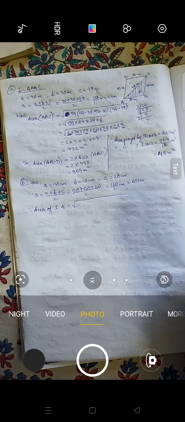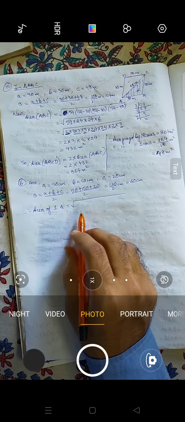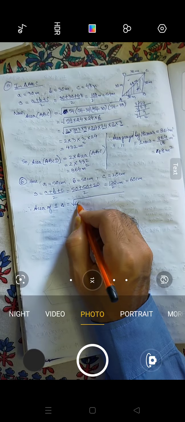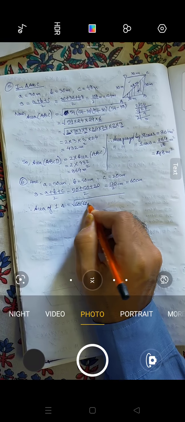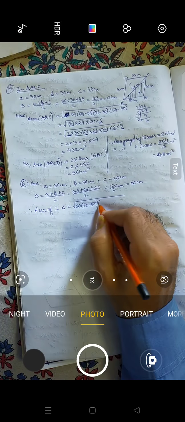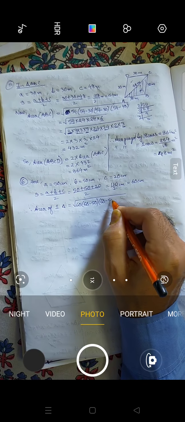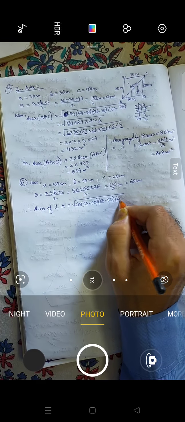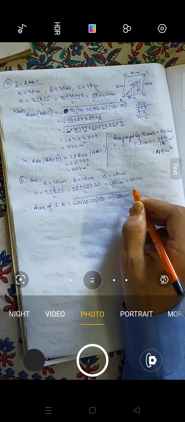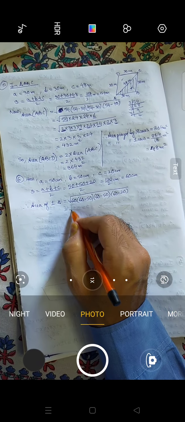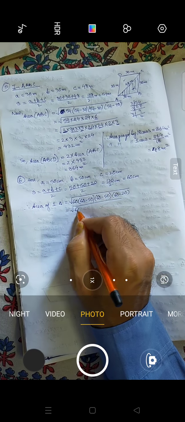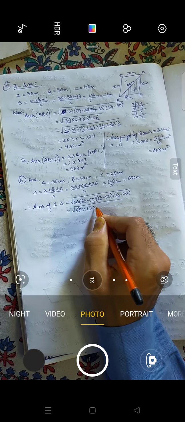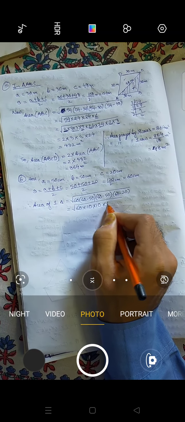Once Heron's formula is written, then you can apply the values. S means 60. So 60 minus 50, 60 minus 50, 60 minus 20. Now this can be written as 60 into 10 into 10 into 40.